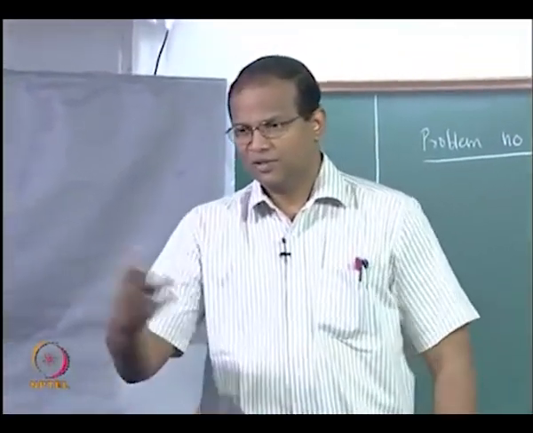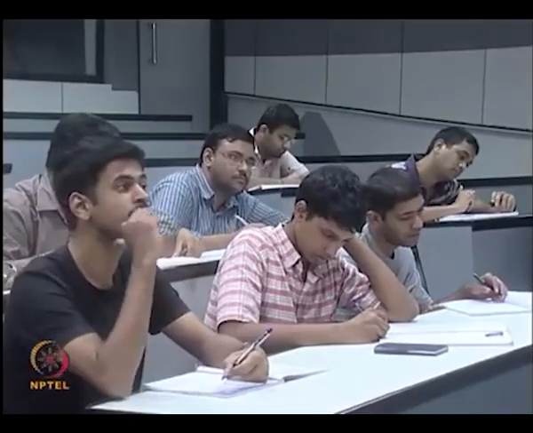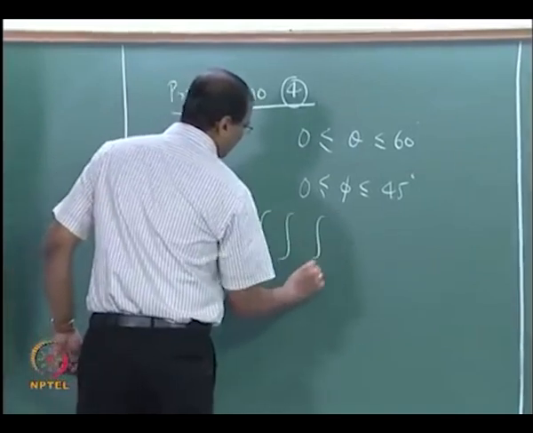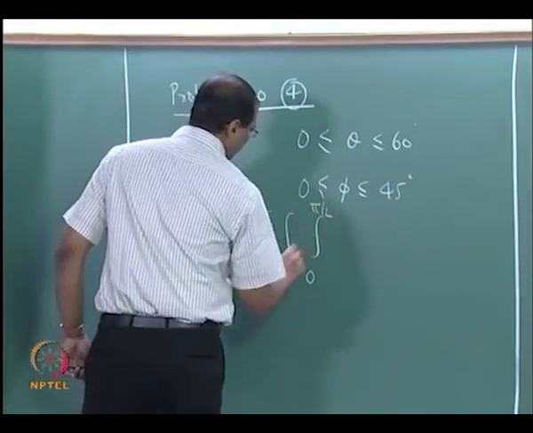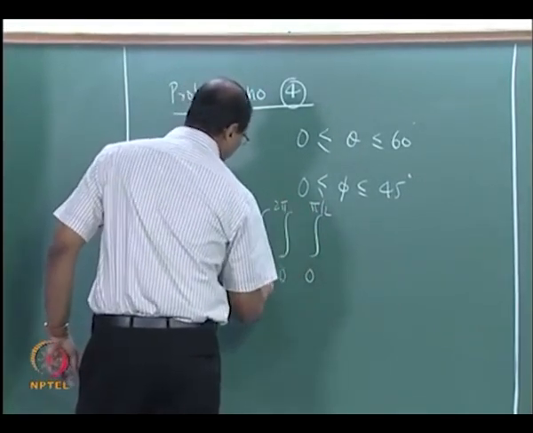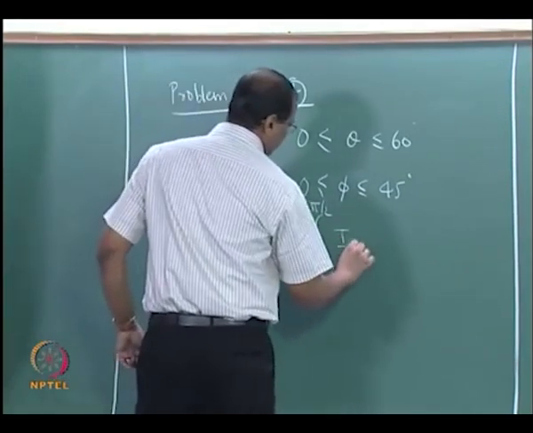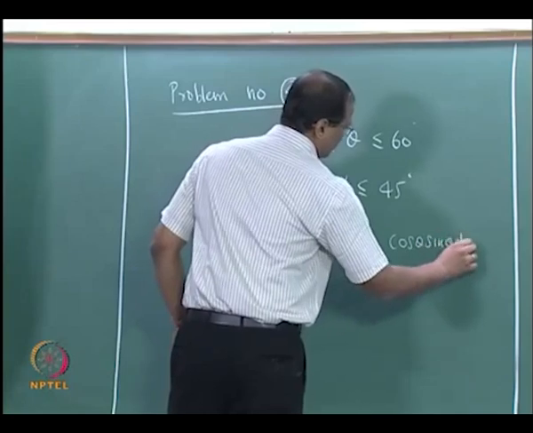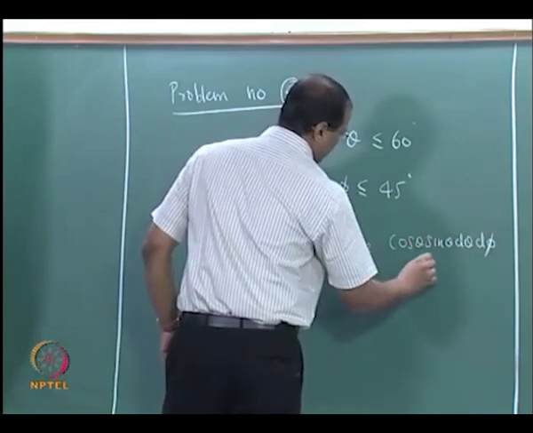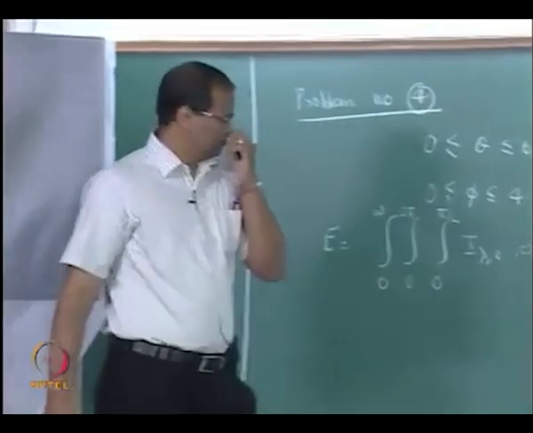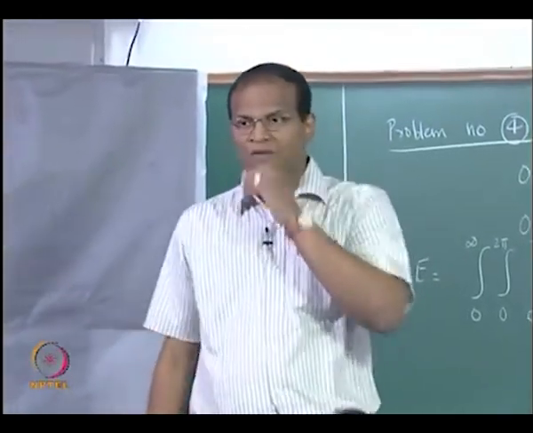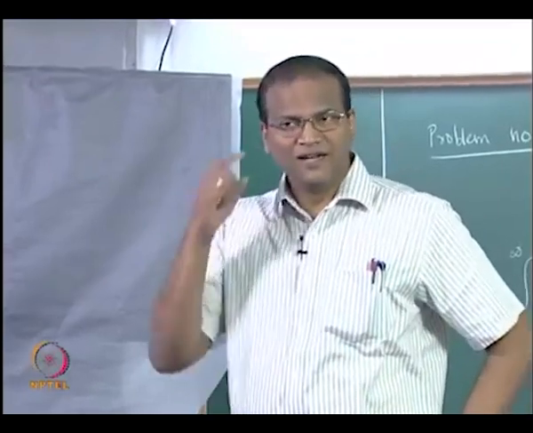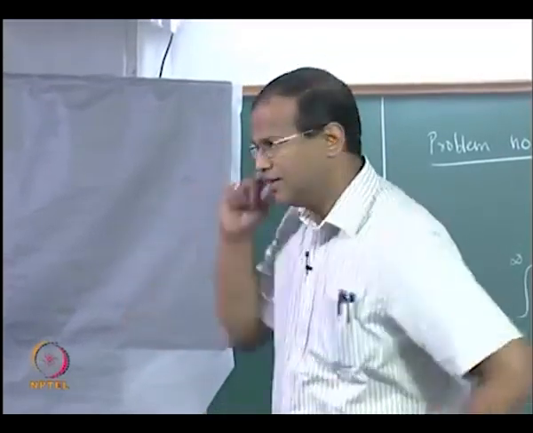Can you solve? Yeah, please go ahead. For a diffuse radiator, I lambda E is not a function of theta and lambda, that can be pulled out.